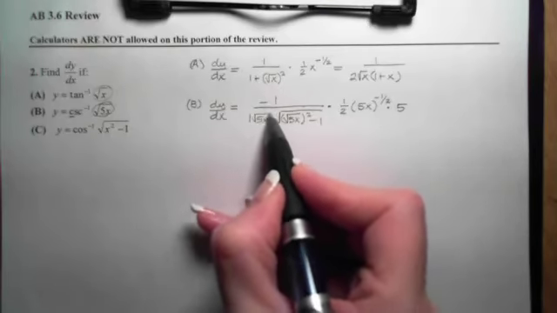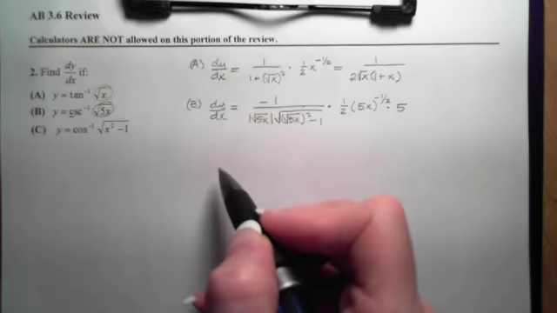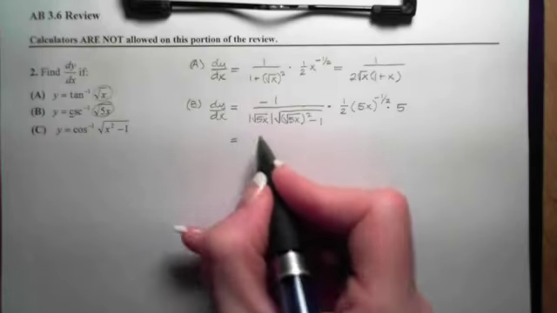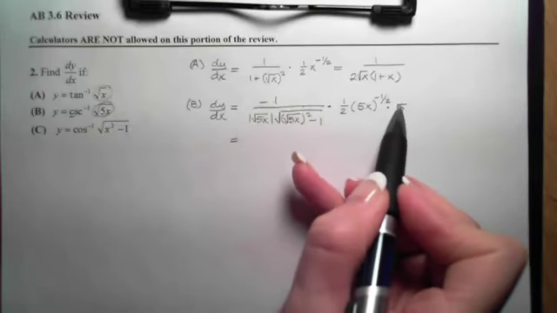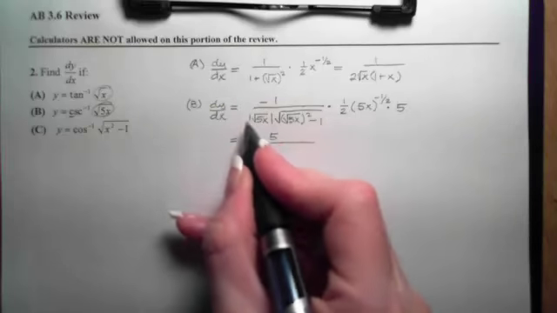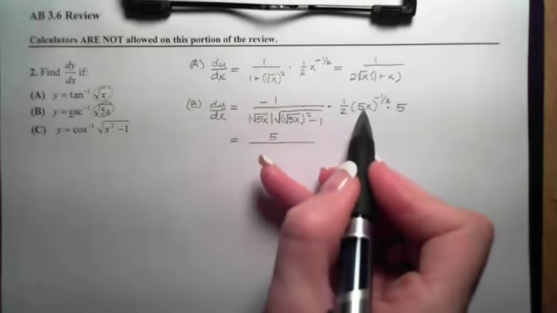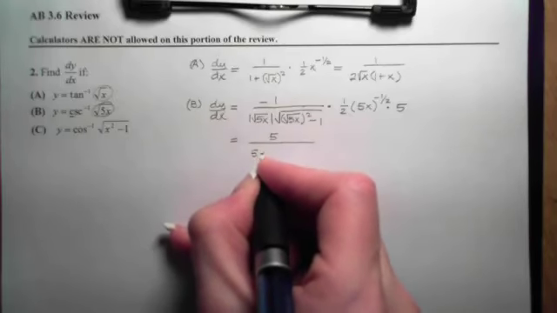Notice that a radical, a principal square root, is already positive, so the absolute value is going to leave it alone. So if I fix this, on top I can see that I have a negative 1, a 1, and a 5. So I can put a 5 on top. Then on the bottom I have a root 5x and another root 5x. So if I multiply those together, I will get a 5x.